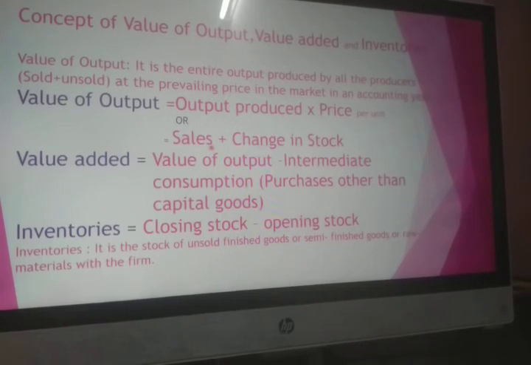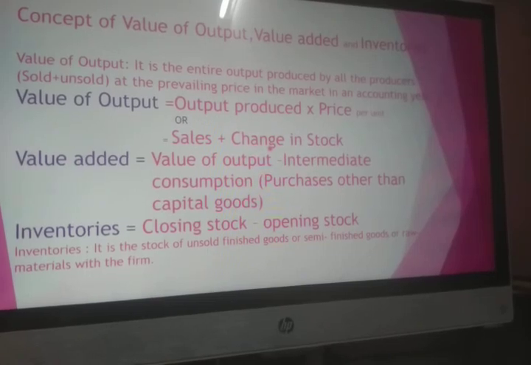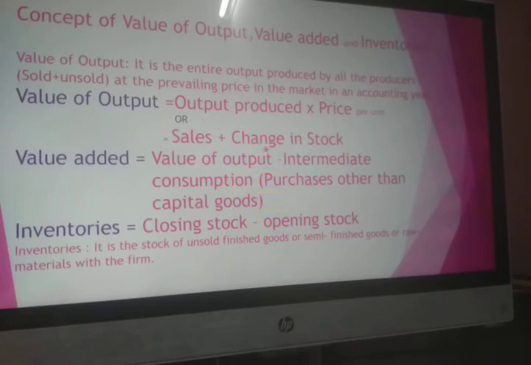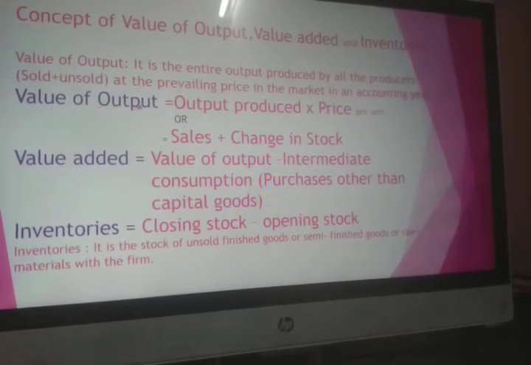If it is sold, it becomes sales, and if it is unsold, it is kept in the stock. And from that stock, if we consider the change in stock or change in inventories, then we arrive at gross value of output of a particular accounting year.